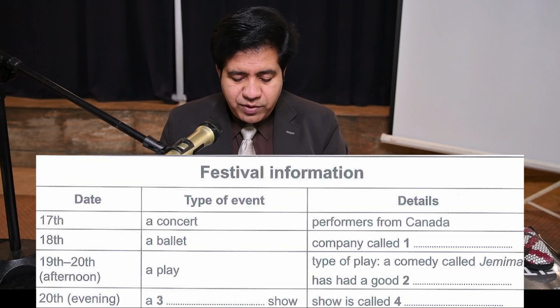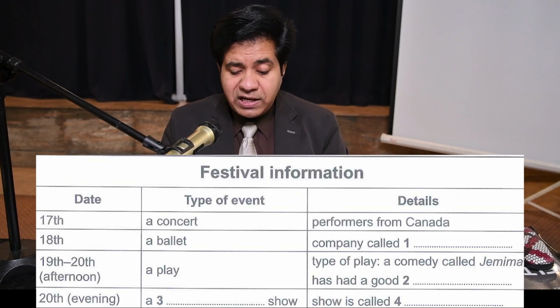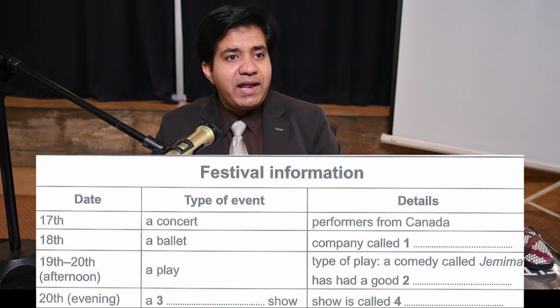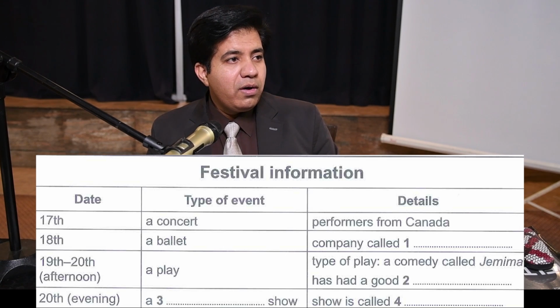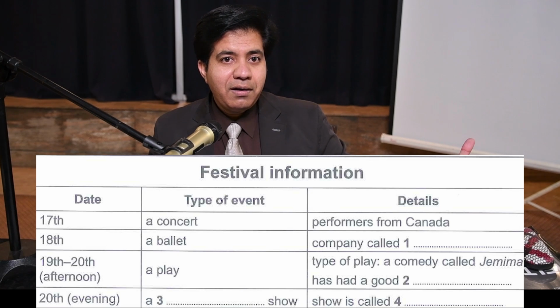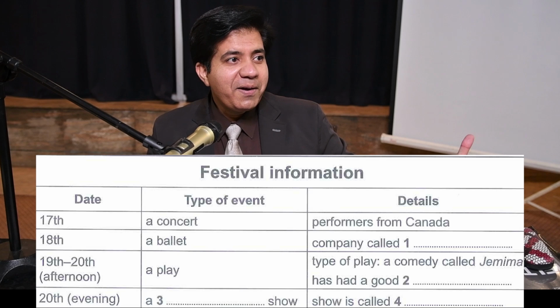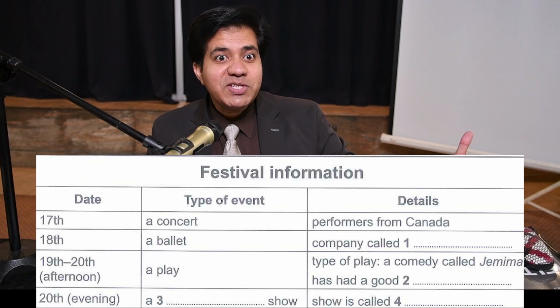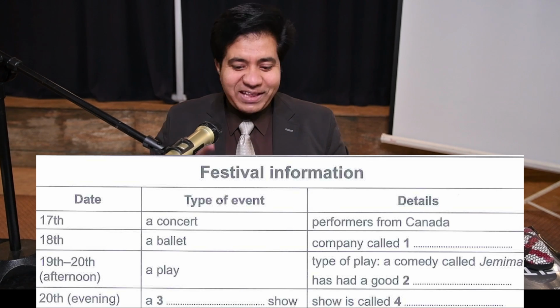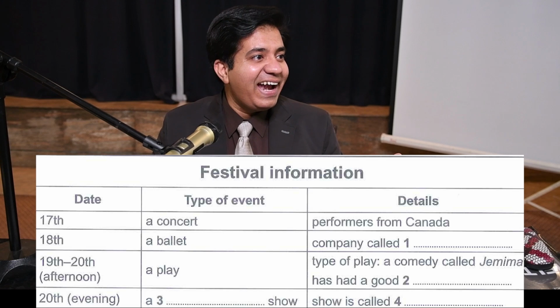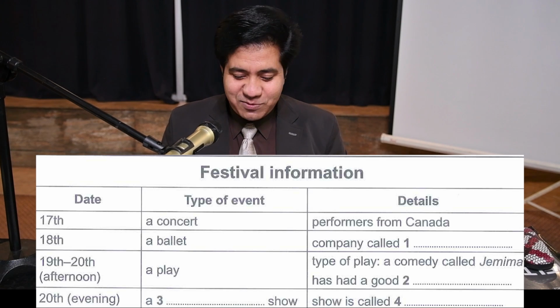Let's go on. Question number 3. 20th evening. Type of event. Dash show. Comedy show or guess tukka? Who said that? That's the right answer. So when you think about festival and all that, you can just do the tukkas as well.